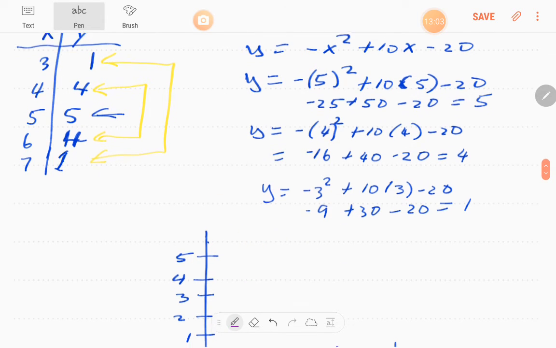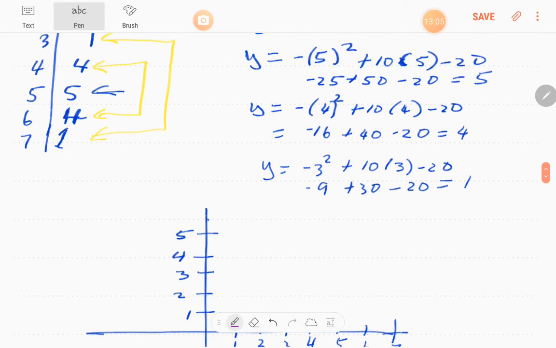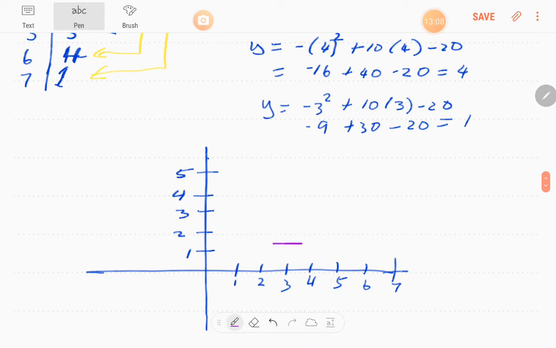We have 3, 1, 4, 4. We have 5, 5. We have 6, 4. And we have 7, 1. Okay, so this parabola opens downwards.